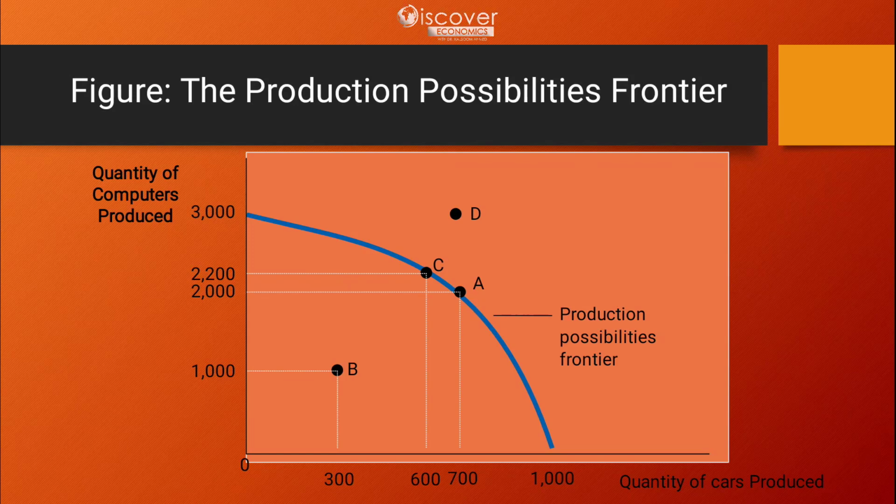On the same graph we can have a point outside the curve. The point outside the curve will tell us that we have used more than what we actually had with us. The maximum production we could have was up to 2200, but we are making more than that. This could be done if some technological improvement has happened, or if some trade relation with other countries has happened, or if the efficiency of our resources has increased. There are 4 factors of production: land, labor, capital and enterprise.